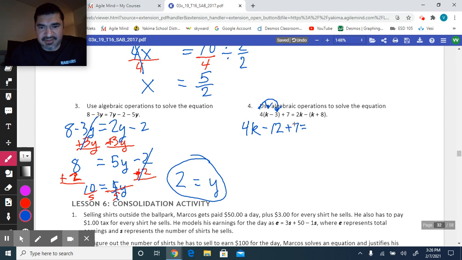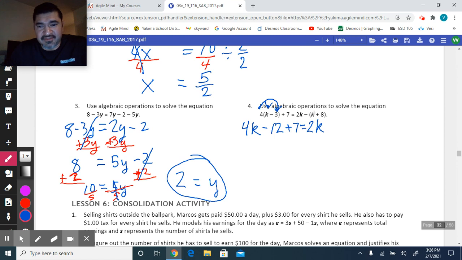Plus 7 stays the same. Equals. Well, I've got 2k. And I have to distribute this negative sign. I kind of like to think of this as it flips the signs of everything in here. There is a 1 here, so you could think of it as -1 times k, and then -1 times +8.